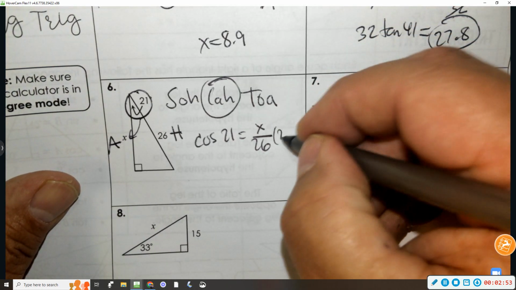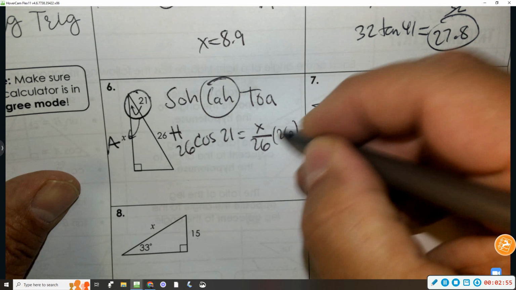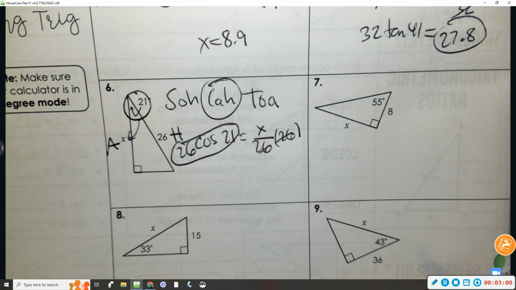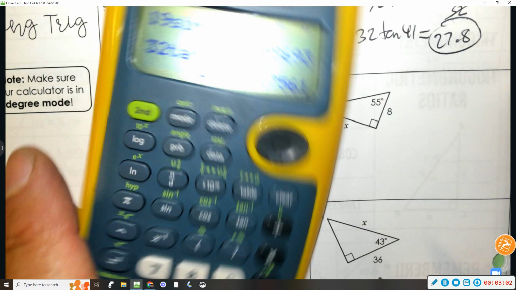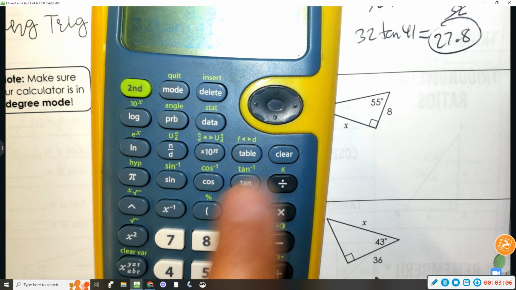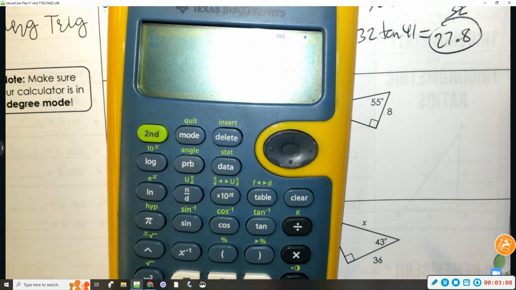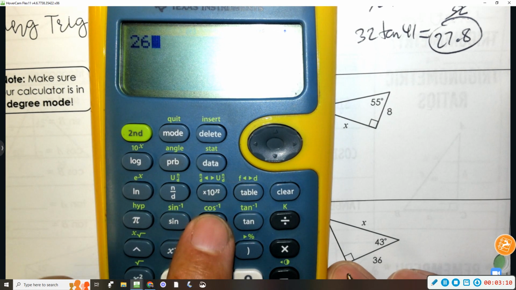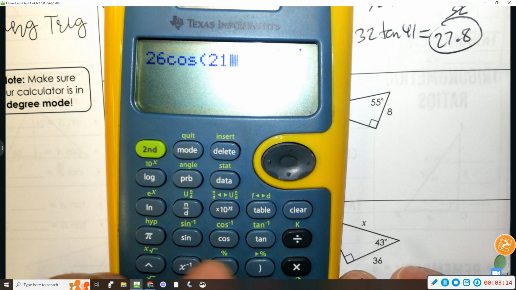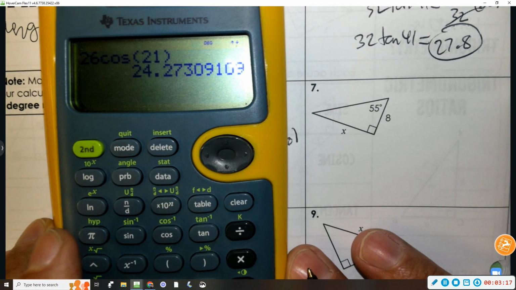And then multiply by 26 to get x by itself. And this is what you're going to put in the calculator. 26 cosine 21. So know in your calculator where your trig buttons are here in the middle. So again, we're going to press 26, then cosine, so that middle button cosine, and then 21. 24.3.